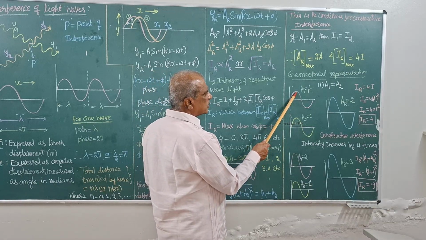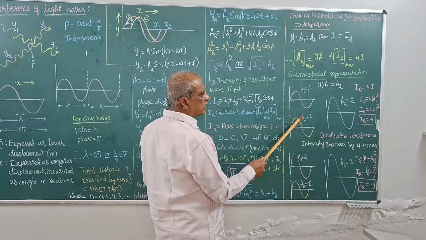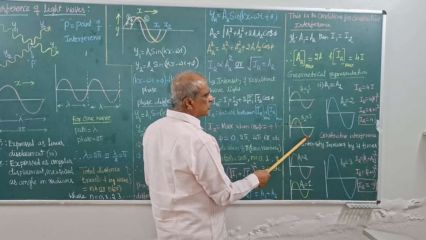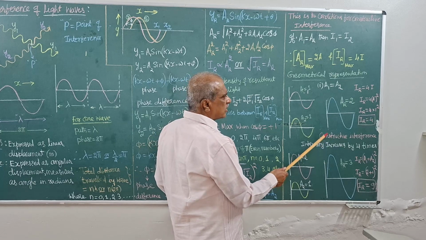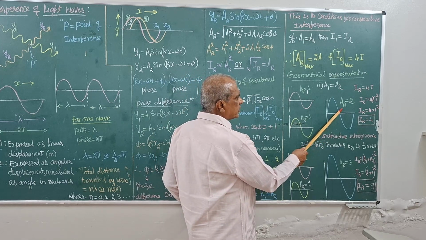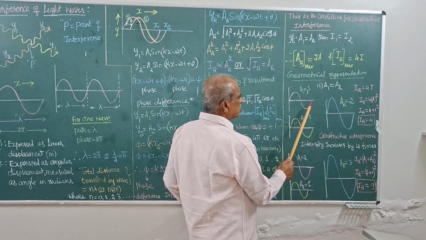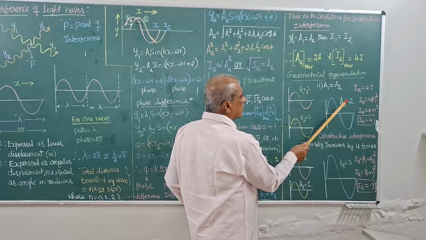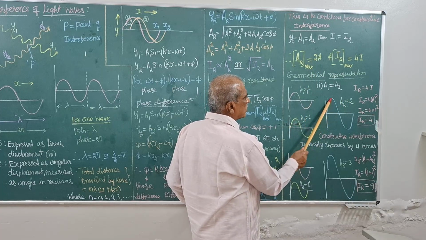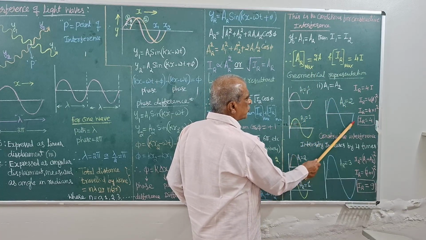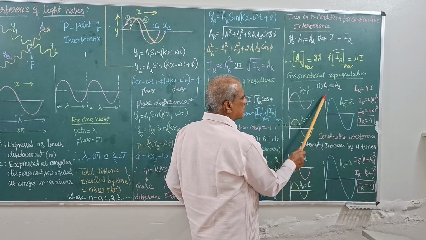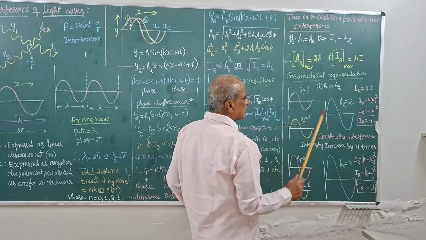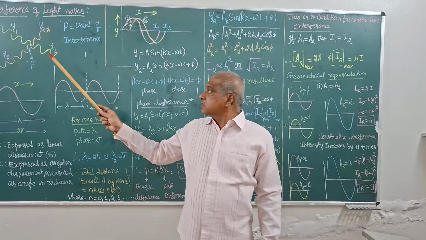That is, crest and crest coincide, trough and trough coincide, and they form the resultant amplitude like this. That is plus 2a. They are equal to 2 units and 2 units. This is the resultant wave amplitude at the interference.